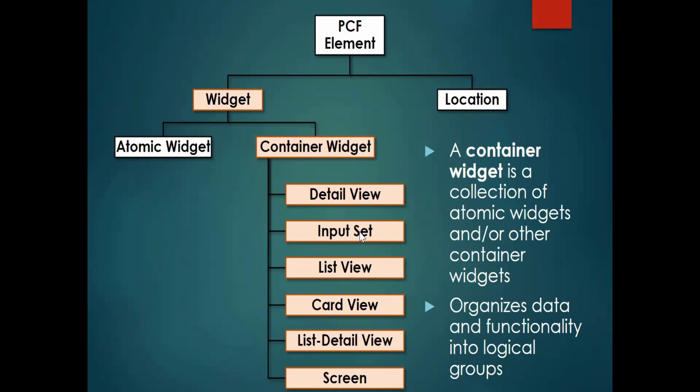But if we don't want to show all the fields, and just want to show one or two fields, and we want to create a smaller container, then we will use input set. Input set specifically is used when that particular container is reused in multiple other PCF files.